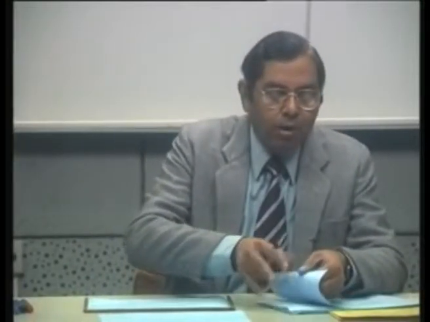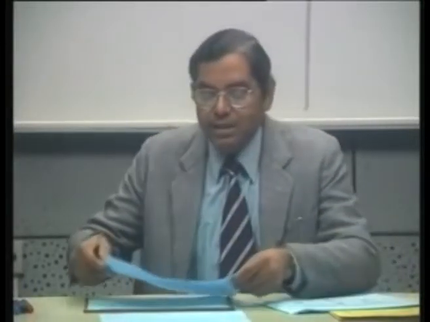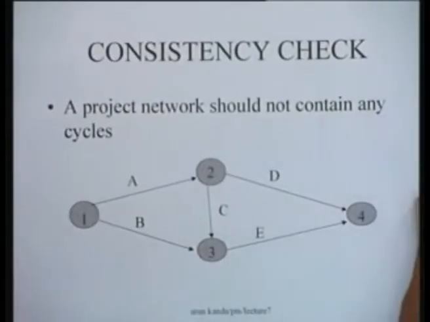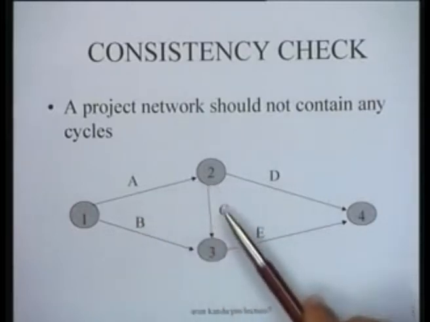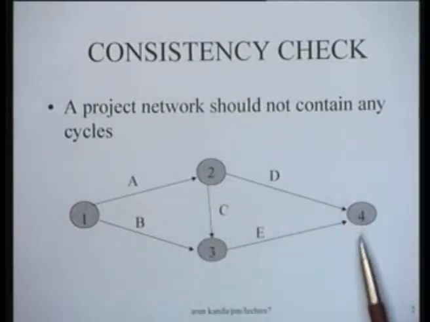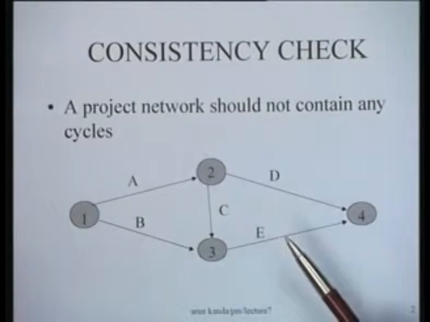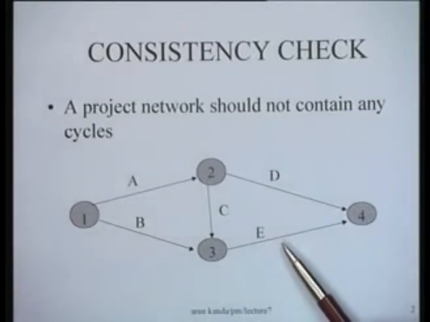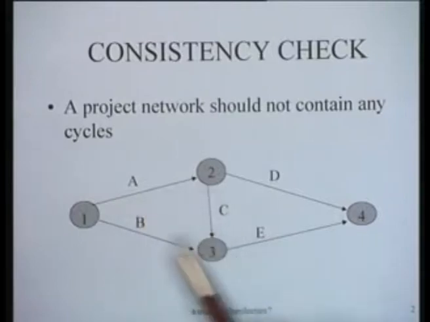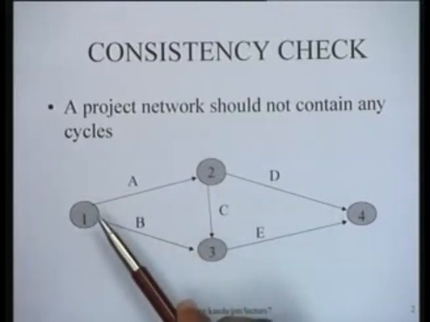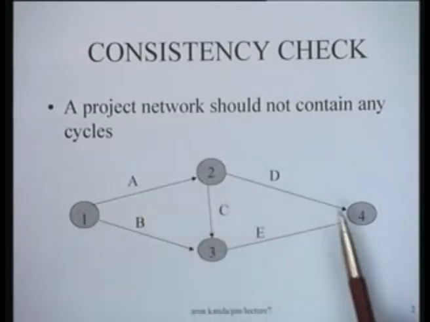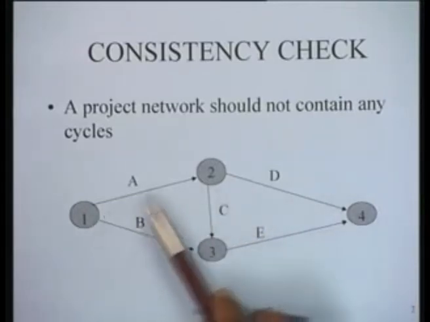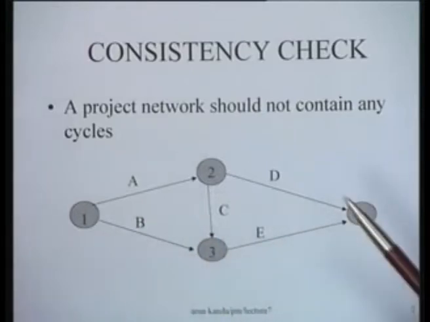Let us recall what we mean by a consistency. A consistency check broadly means that any project network should not contain any cycles. For instance, this small network is an example of a consistent network because it does not contain any loops. All the arrows are so directed that they go and define various paths without defining any loop.